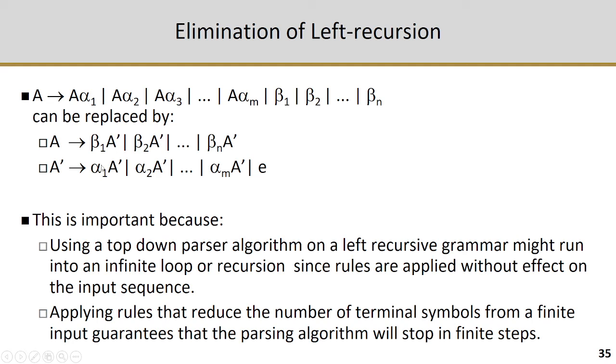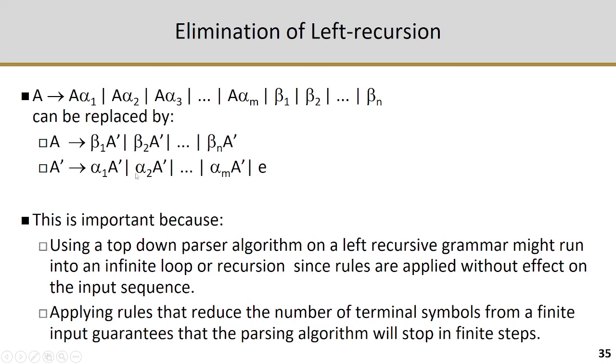And the A prime includes the part where we can repeat the alphas either once, two times, or not at all. So A prime can be the empty string as well. However, it can generate a sequence of tokens where alpha 1, alpha 2, and so on, alpha m is repeated multiple times.